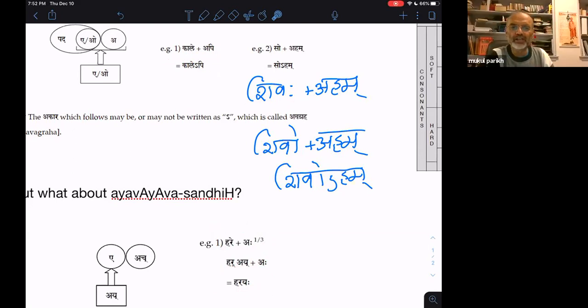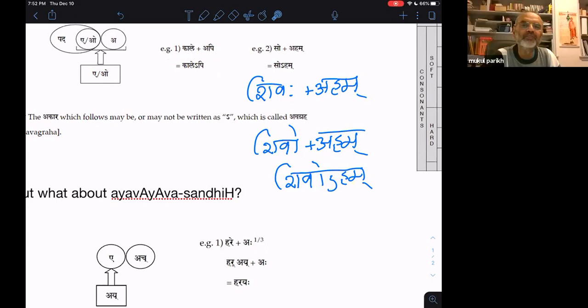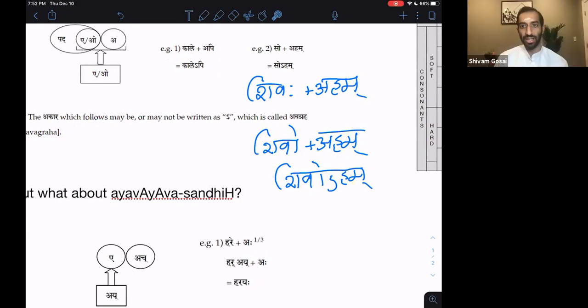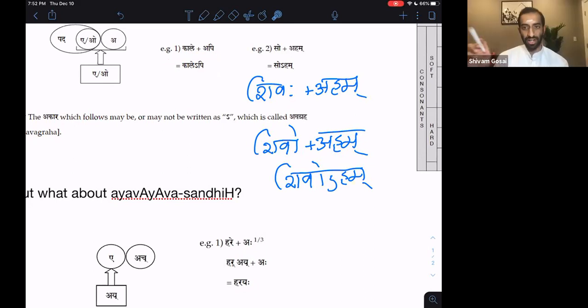Same thing with aare. Aare by itself is indeclinable, just a word by itself. There's no suffix or anything like that. Hare?